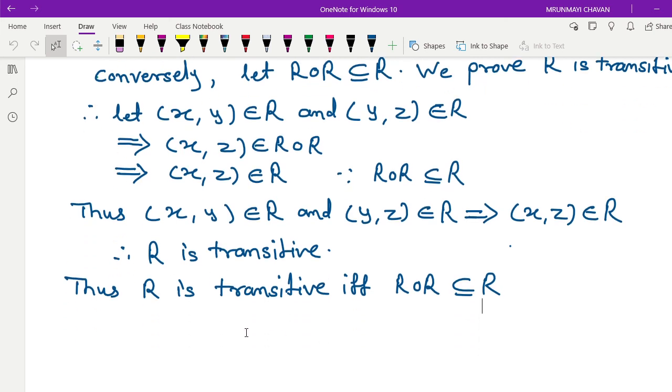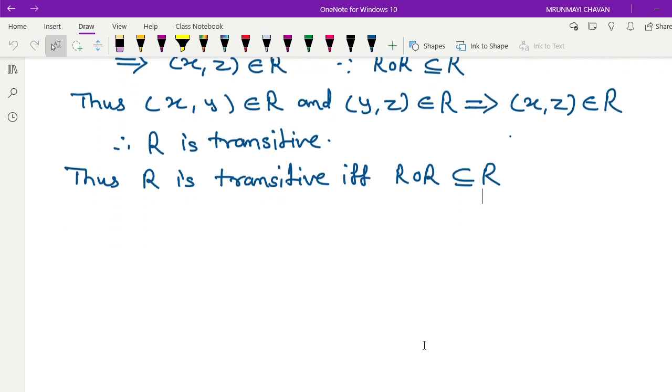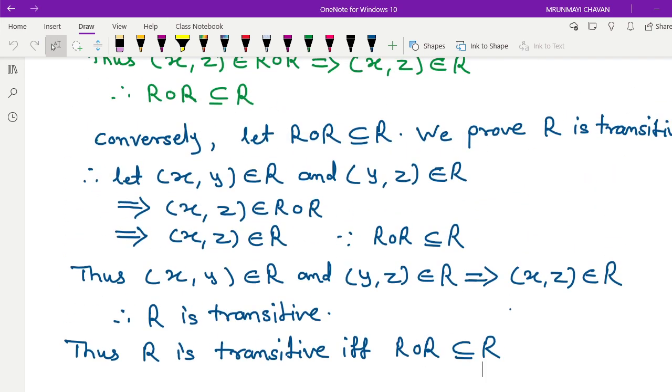Thus, R is transitive if and only if R circle R is subset of R. So, we stop here.